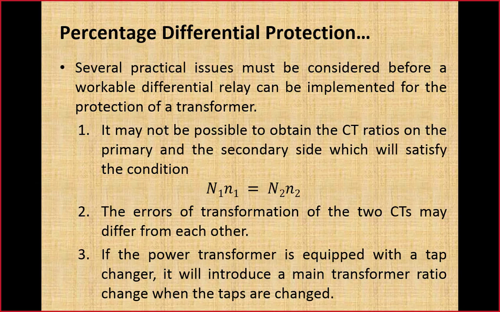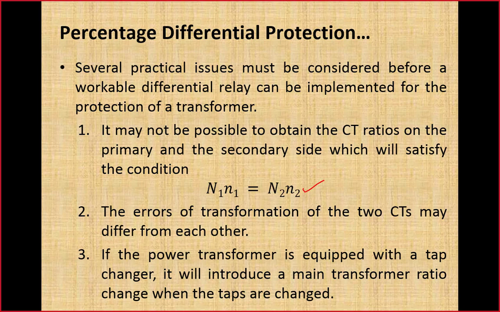These two are not fixed numbers. So that ratio would change as the tap changer moves from the topmost position to the lowermost tap. This is a third obstacle for the application of differential protection, because even if we have achieved this condition at one setting of the tap, as the tap changes, this condition gets disturbed again.